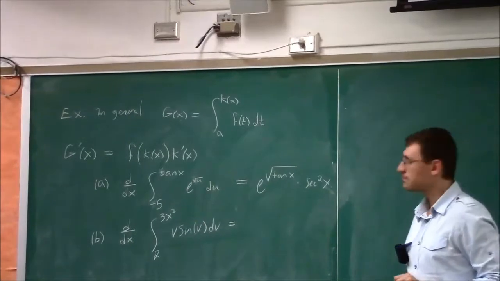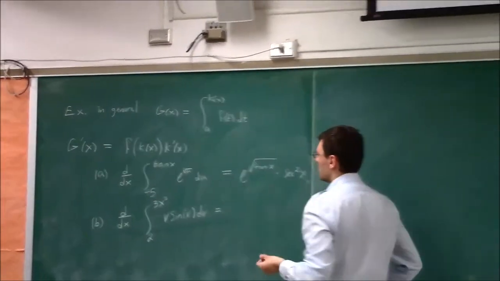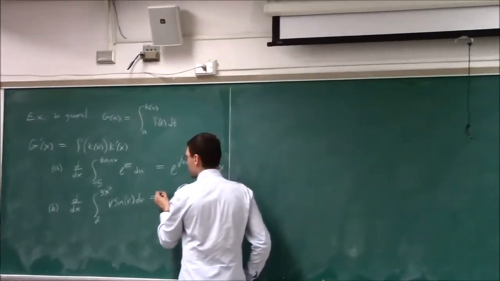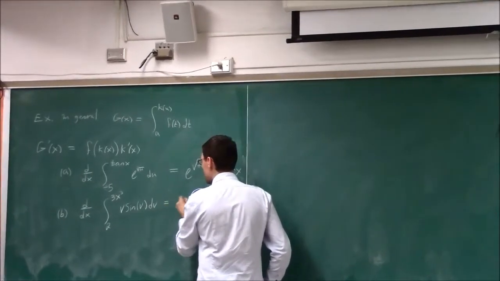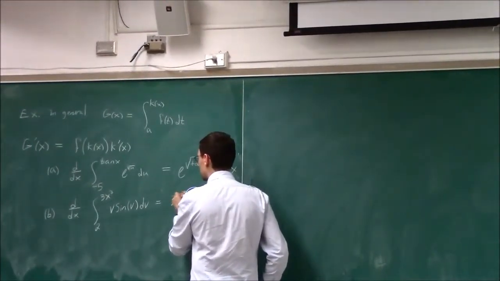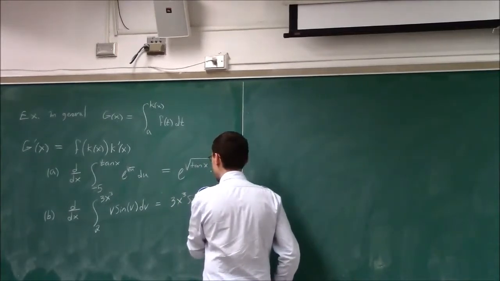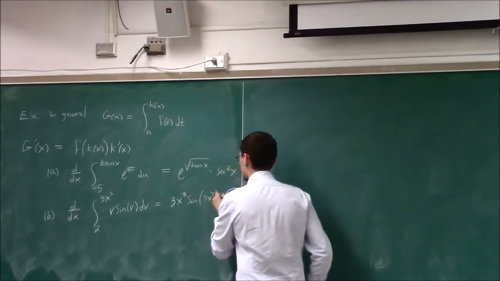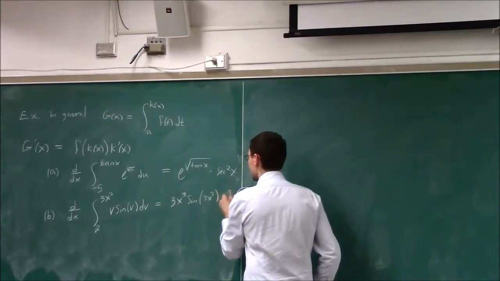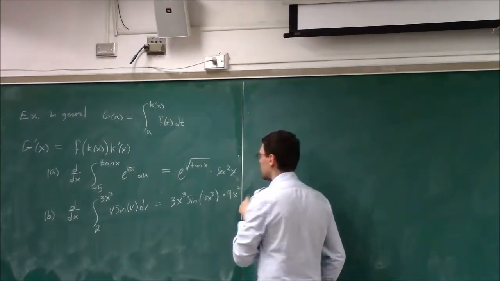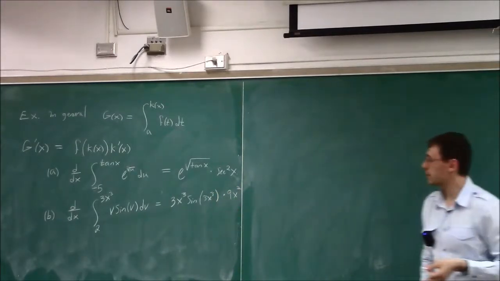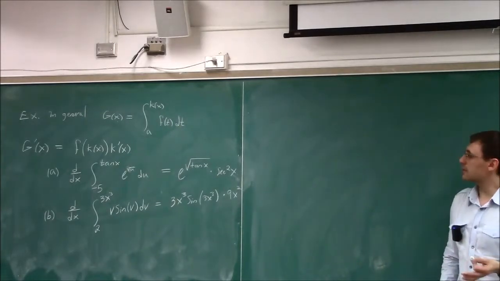Ready? Very simple. What do we write? We plug in 3x cubed: 3x cubed sine of 3x cubed times what? 9x squared. And you can simplify it, but it doesn't matter, okay? So this is what you do.